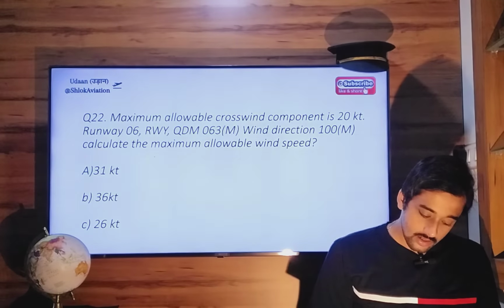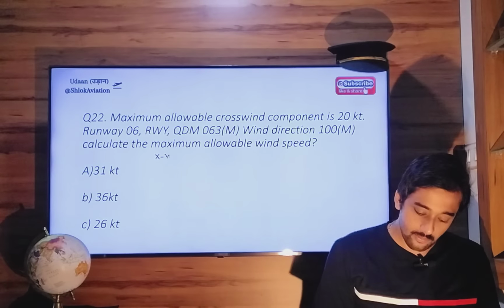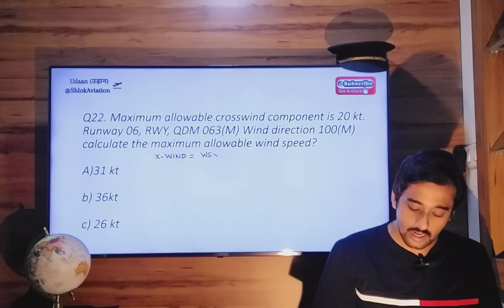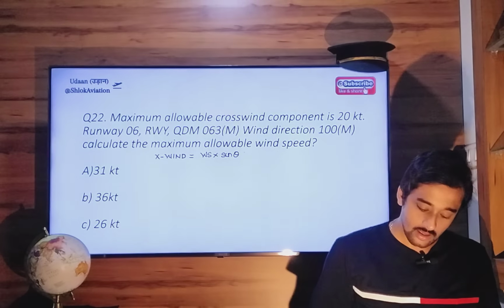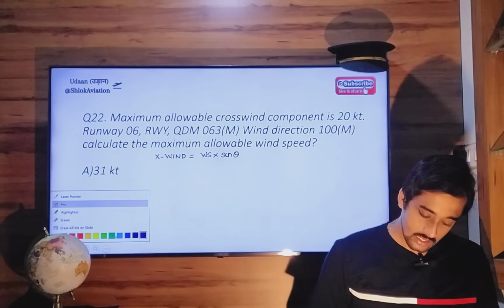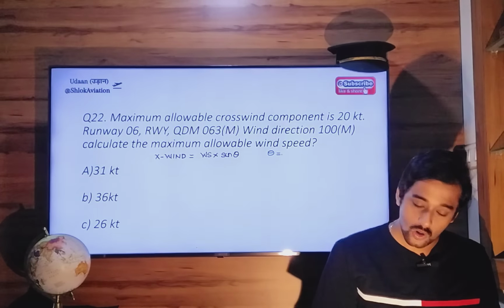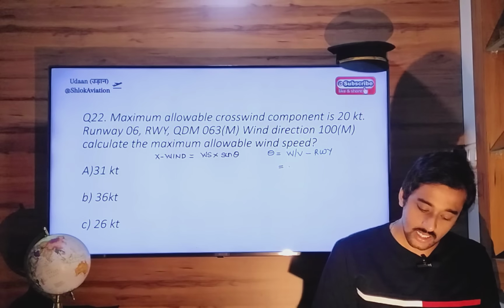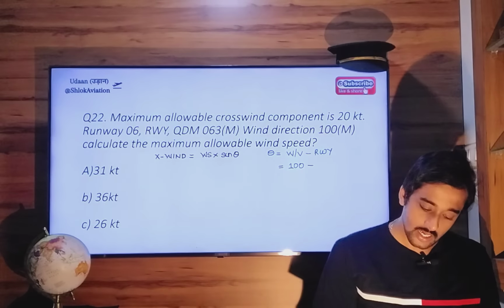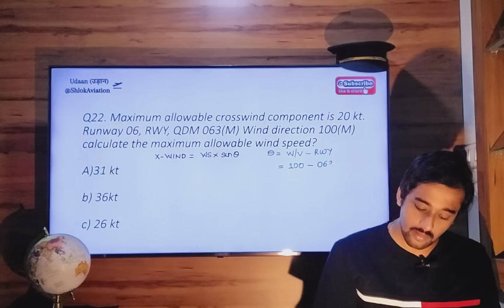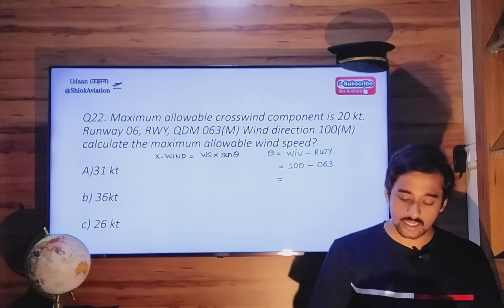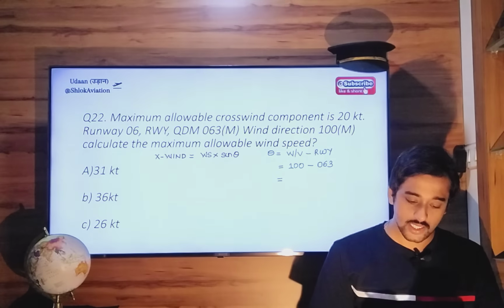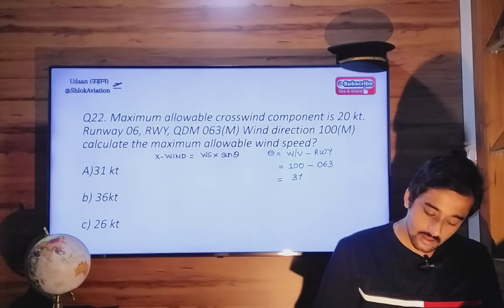So the crosswind component is equal to wind speed into sine theta, where theta equals wind direction minus runway direction. Wind direction is 100 magnetic, runway direction is 063 magnetic. So 100 minus 63 is equal to 37.